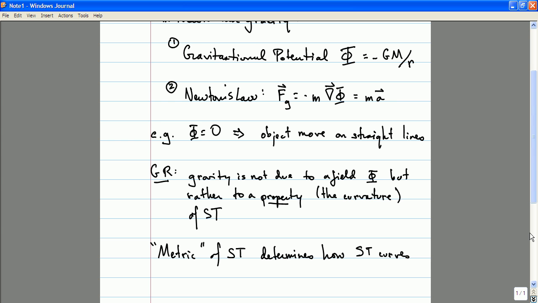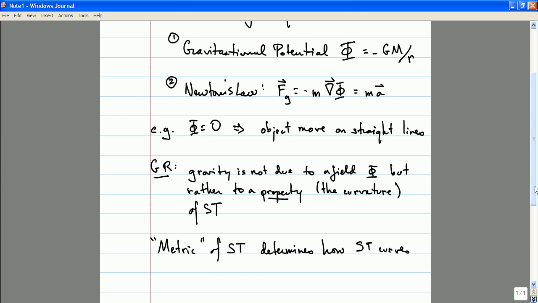So, before delving into any of these details, however, let me just tell you what the concepts are in general relativity that replace these two basic concepts in Newtonian gravity. The statement that there's a gravitational potential due to the presence of matter, and then Newton's law tells us how objects move in the presence of a gravitational potential.